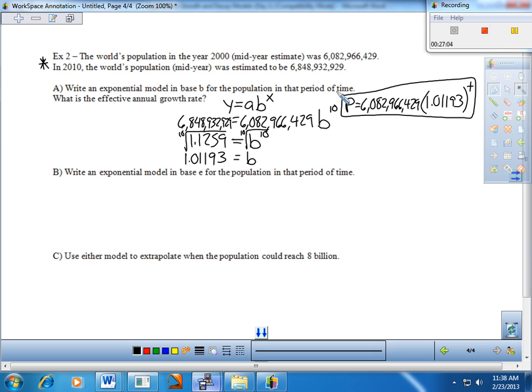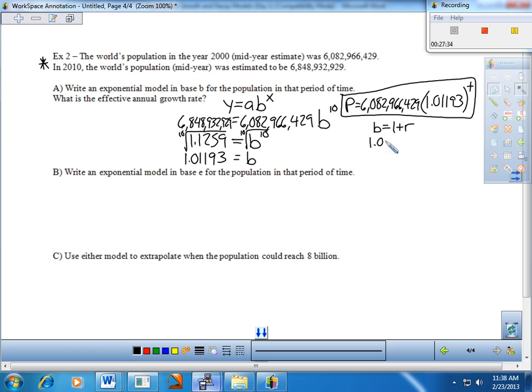There is a secondary question quickly to part A, and then we'll get into B. It says, what is the effective annual growth rate? Really, by what percent did it increase each and every year from one year to the next? The population seems to be increasing by a percentage according to this model. Well, remember, the b value is always 1 plus r if it's growth.